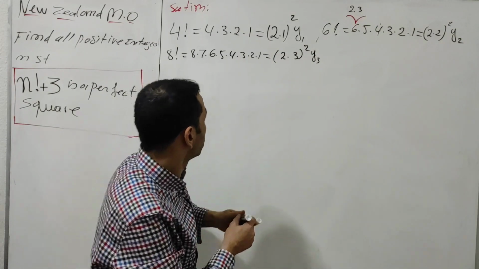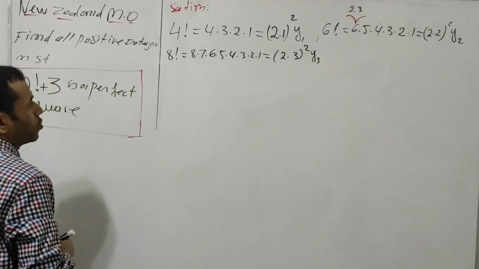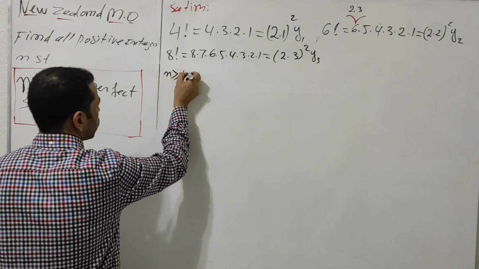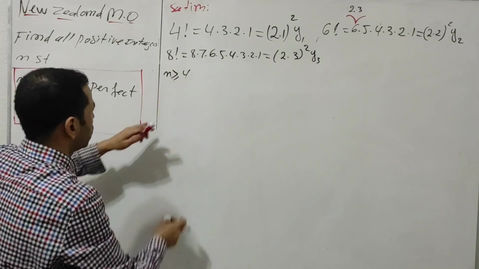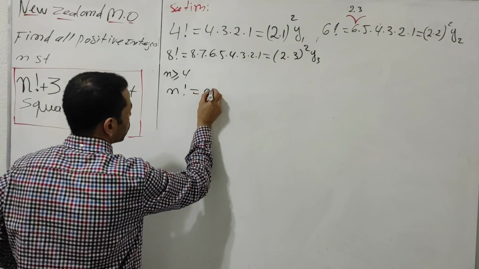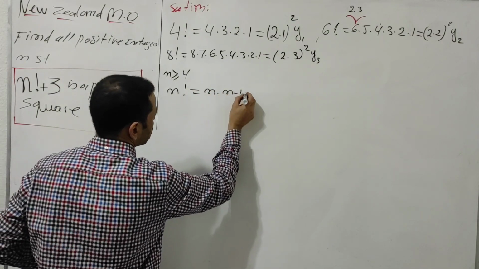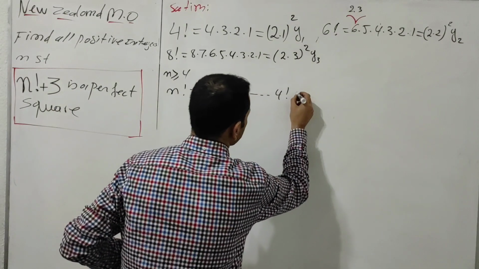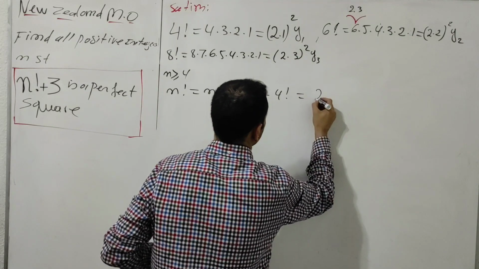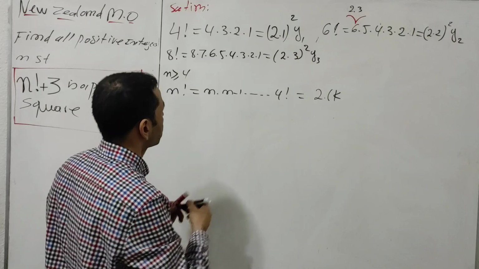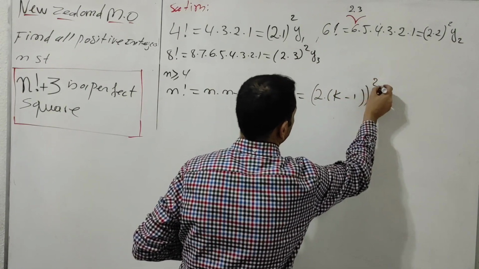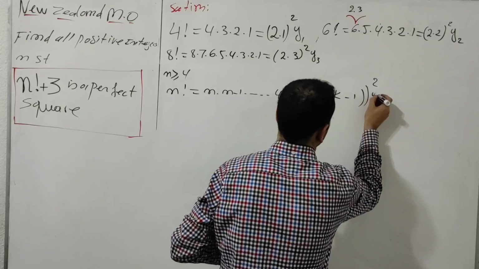So I'm going to apply the same rule on n factorial, where n is greater than or equal to 4. I'm going to start my factorial from the number 4. So I get n factorial equal to n multiplied by n minus 1 and all the way down. I will have the same form as 2 multiplied by k minus 1 squared, multiplied by y3.